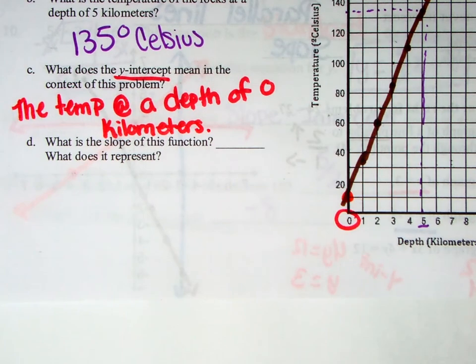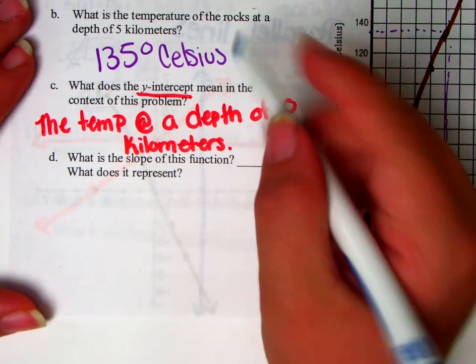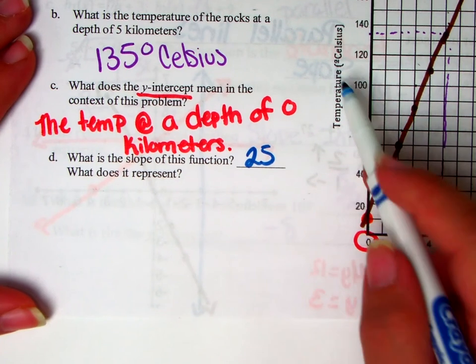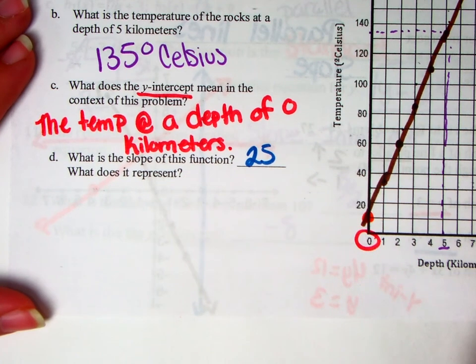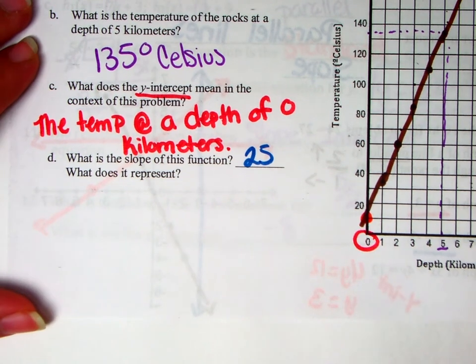What is the slope of this function? Well, the slope is always the number in front of the variable in our equation. In this case, 25. And what does it represent? We went up 25, so a temperature raise of 25 degrees Celsius for what?